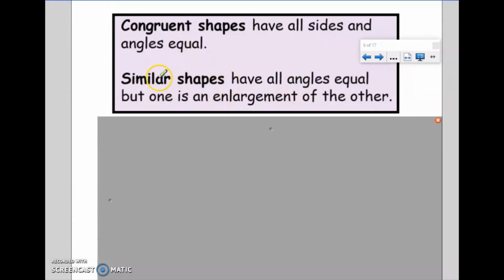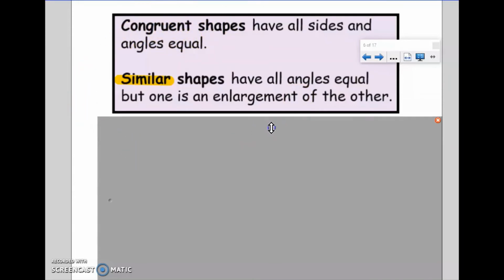In similar shapes, even though we use the word similar, which can sometimes be a little bit misleading, the angles are equal, but one is an enlargement of the other. So you would usually find with similar shapes that one is bigger than the other, which would make similar shapes not congruent because they are no longer exactly the same. One is bigger than the other. One is an enlargement of the other. In today's lesson, of course, we're dealing with congruent shapes.